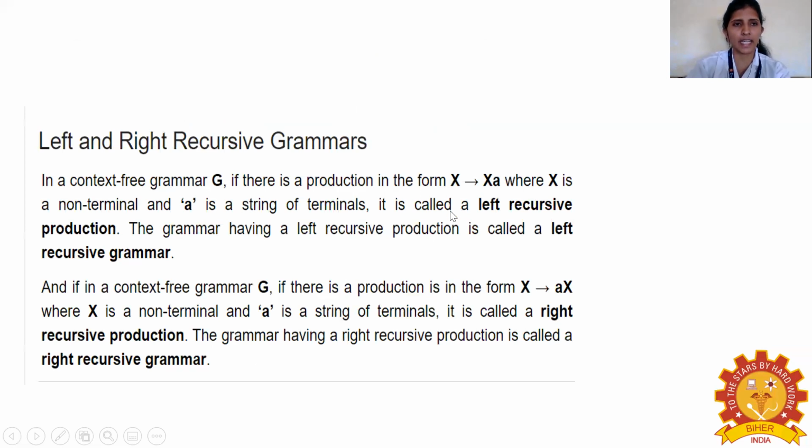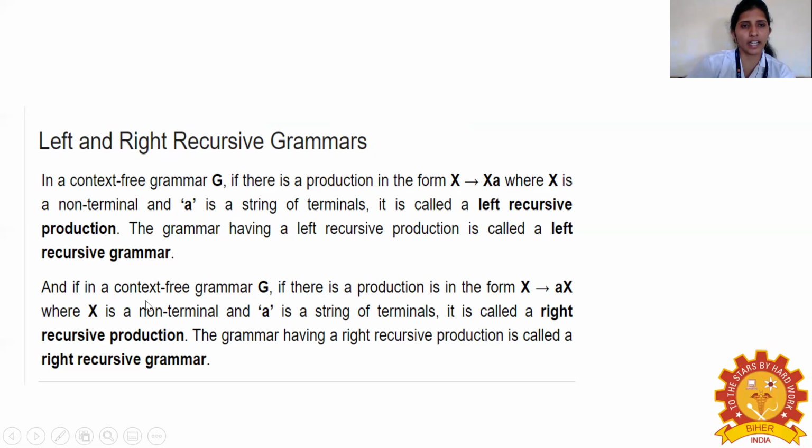So now we will see left and right recursive grammars. In a context-free grammar G, if there is a production in the form X → Xa, where X is a non-terminal and a is a string of terminals, it is called a left recursive production. The grammar having a left recursive production is called a left recursive grammar.